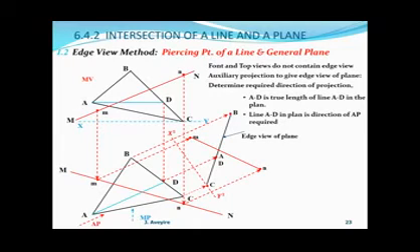Now we clearly see the line MN and the edge view of our triangular plane intersect. Therefore, there is a piercing point, and that will be the piercing point. Now, we have to reference that back to the top view. We know that was at a point on the line.